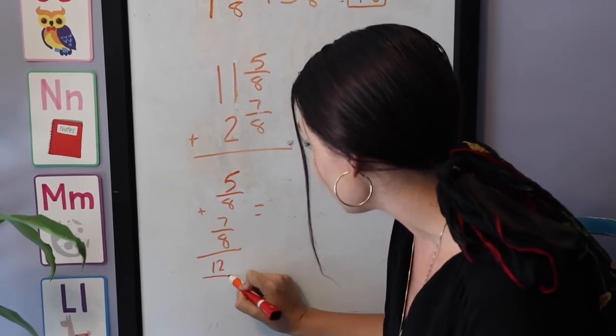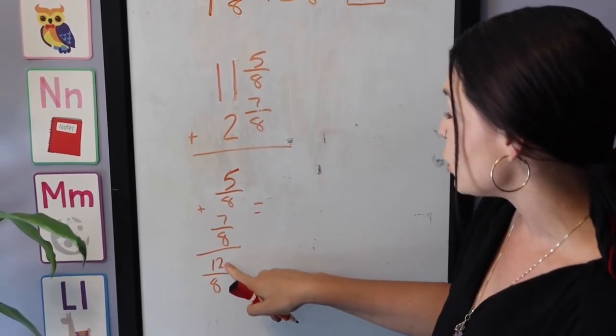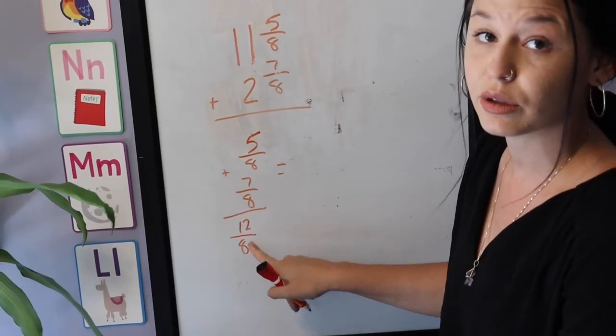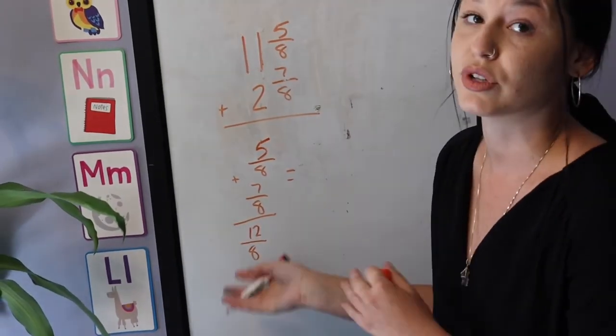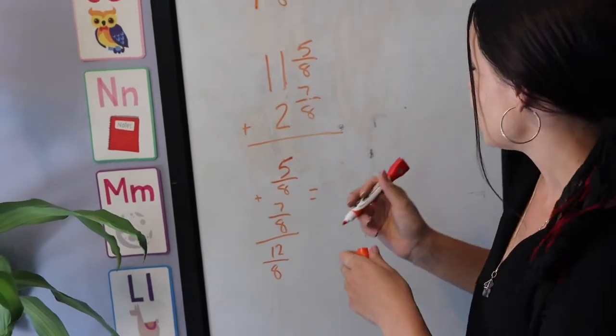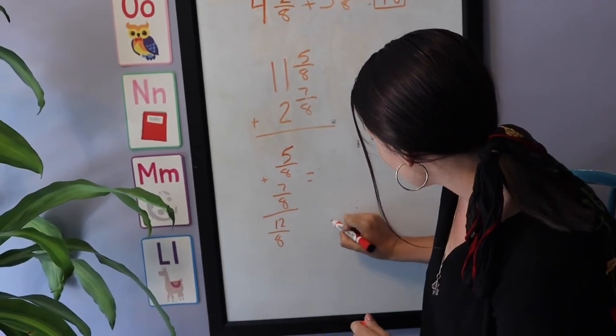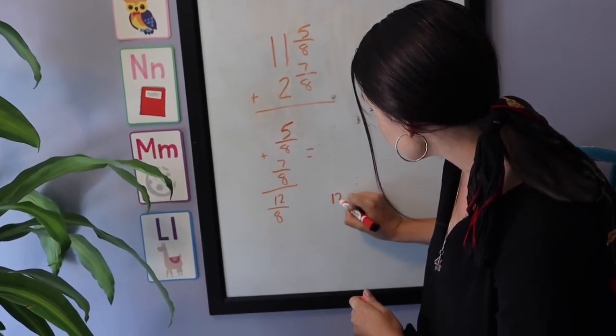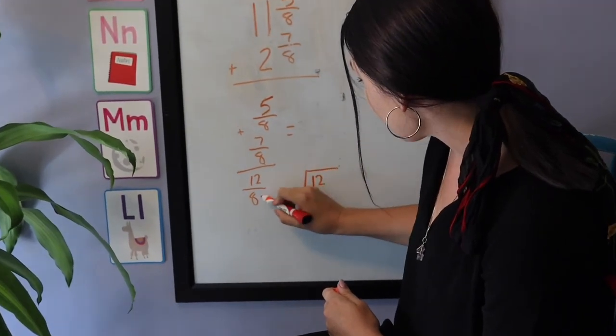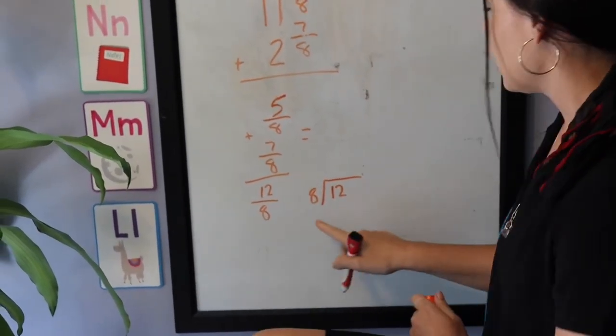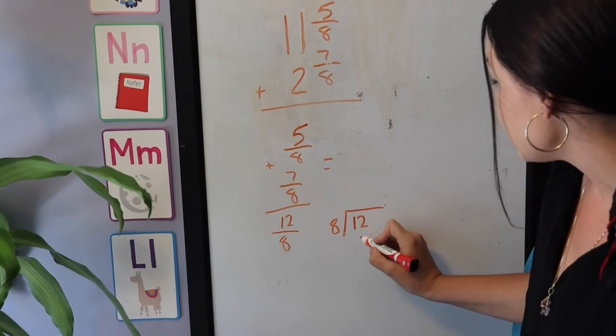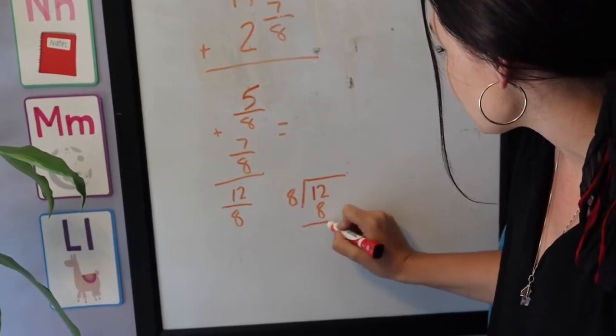So we have 12/8. And because the numerator is greater than the denominator, we know that that's a bobblehead and we're going to have to regroup or simplify. So we're going to put the 12 on the inside, the 8, the denominator, on the outside. 8 goes into 12 one time, so we're going to subtract 8 from 12.